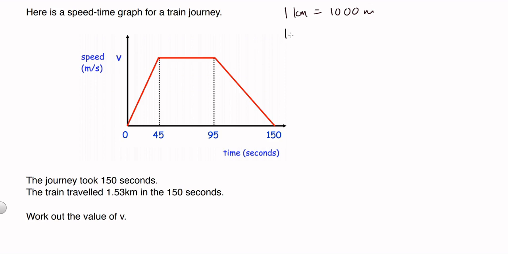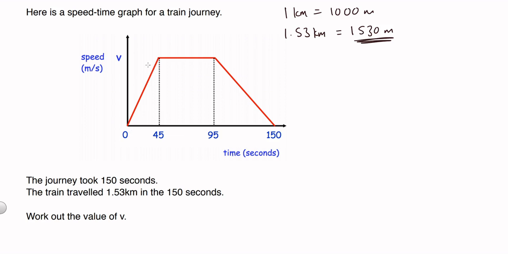Therefore, to find out what 1.53 kilometers is, you have to times by 1,000 to convert that into meters. So if you times that by 1,000, you get 1,530 meters. That's the total distance travelled in 150 seconds.